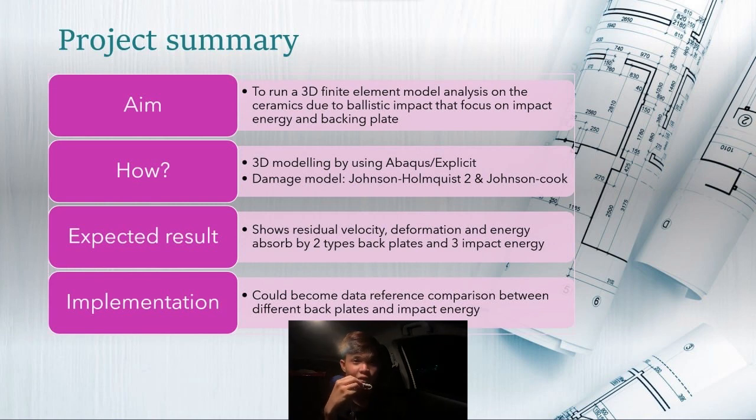The expected outcome of this study is to show the residual velocity, deformation, and energy absorbed by two different types of backplates against three different impact energies. This project could become a reference for those who need a comparison between different backplates and impact energies.